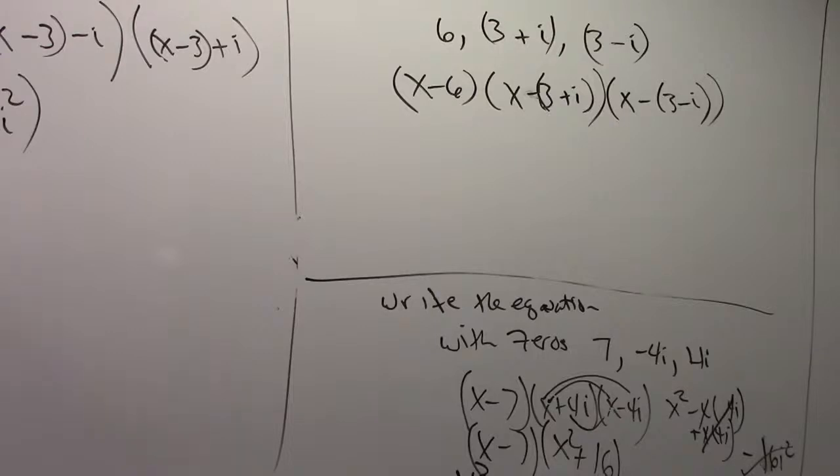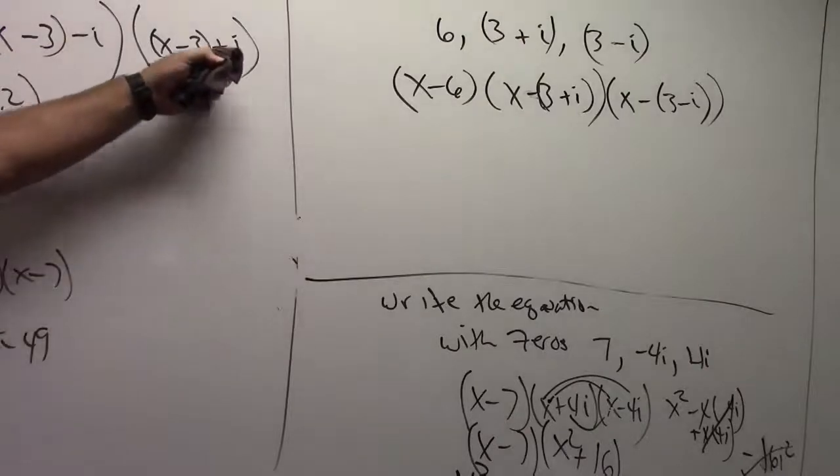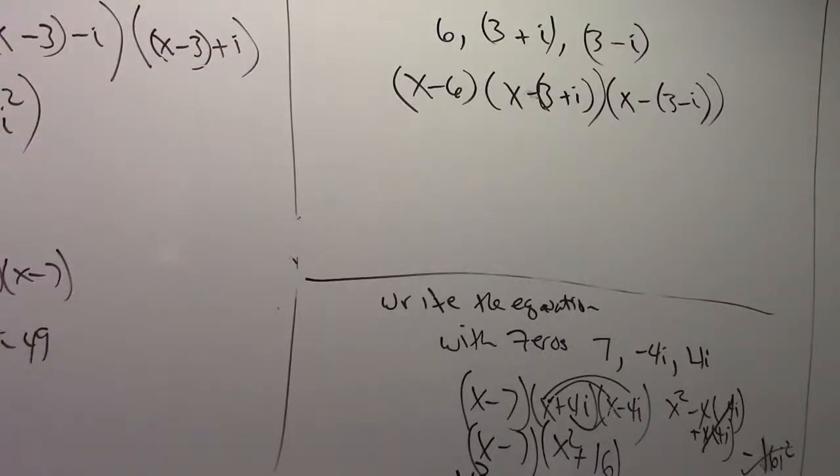See, if it's x plus 7, x minus 7, you understand it's x squared minus 49. You're just writing that down. It's the same thing. x minus 3 minus i, x minus 3 plus i is the difference of 2 squares. It's x minus 3 squared minus i squared.